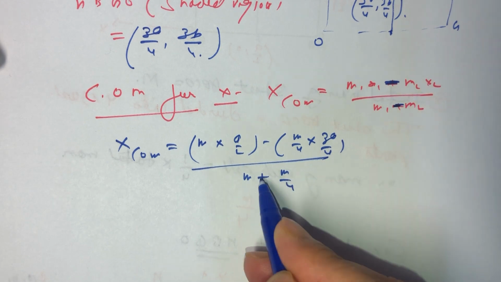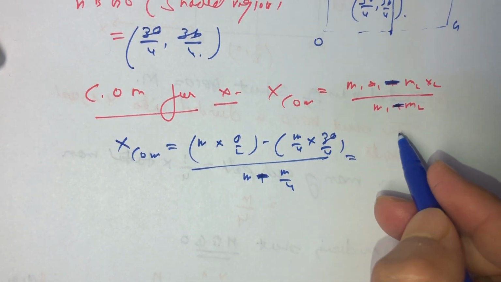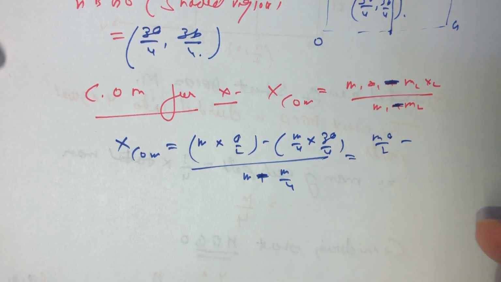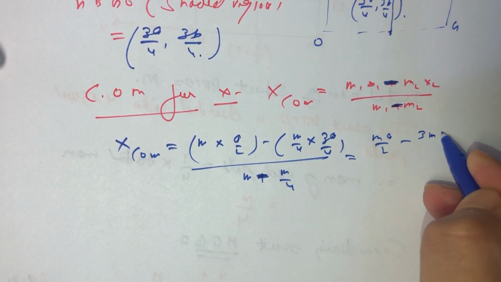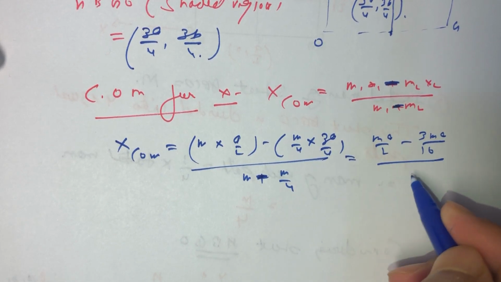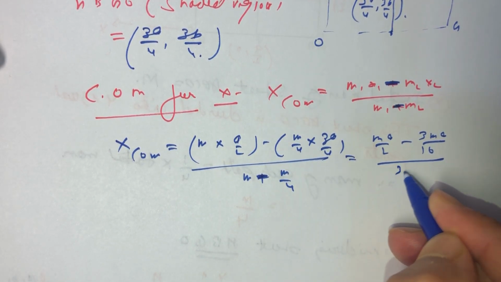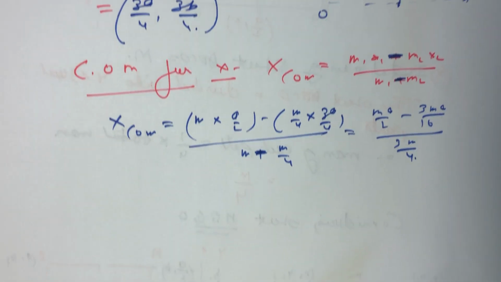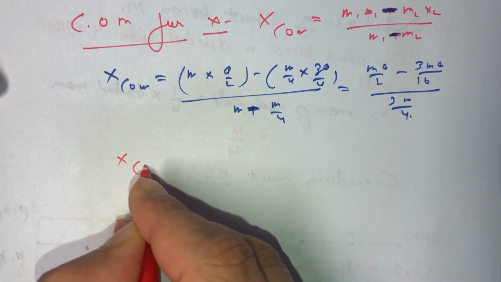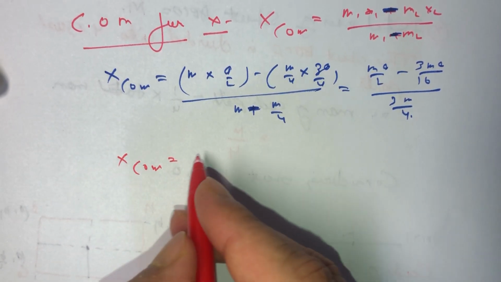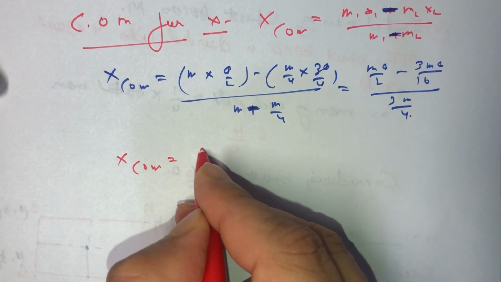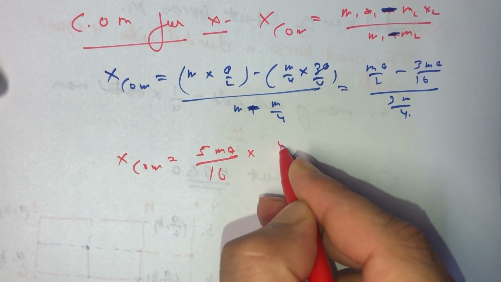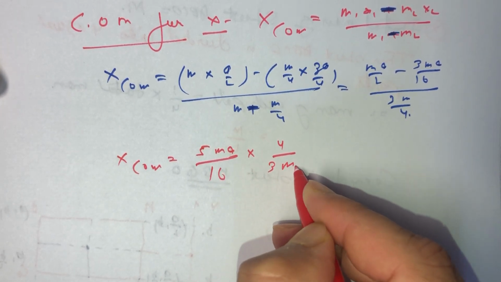This equals MA by 2 minus 3MA by 16 divided by 3M by 4, so the x coordinate is 5MA by 16 multiplied by 4 divided by 3M.